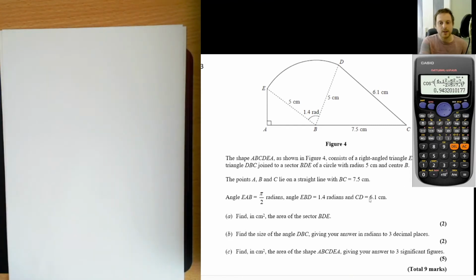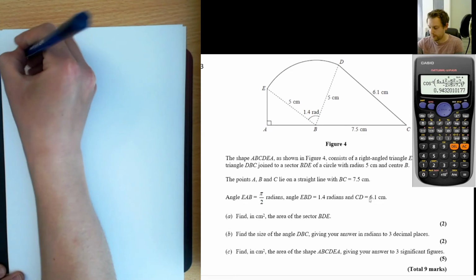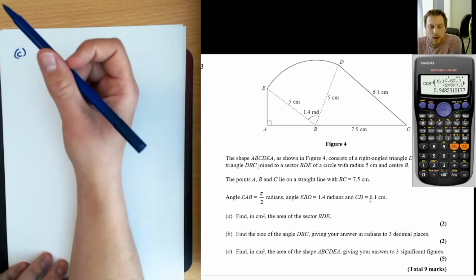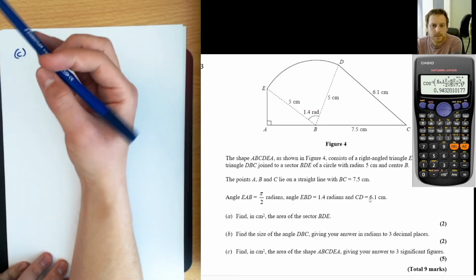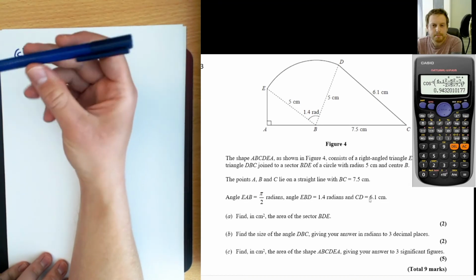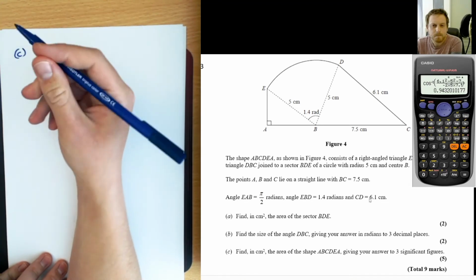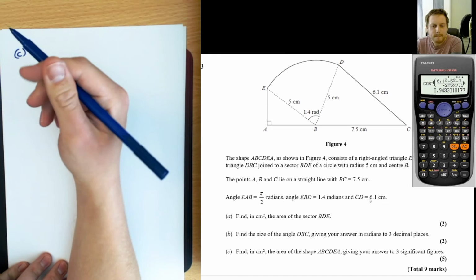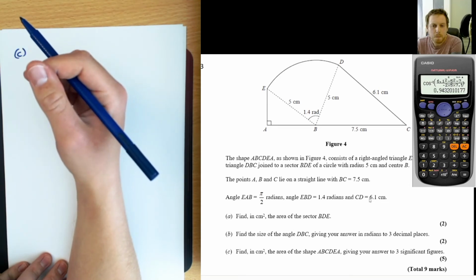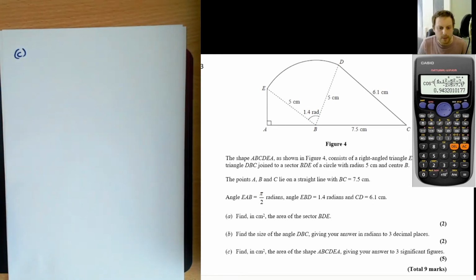And then part C, I need to have a closer look at this. Right.